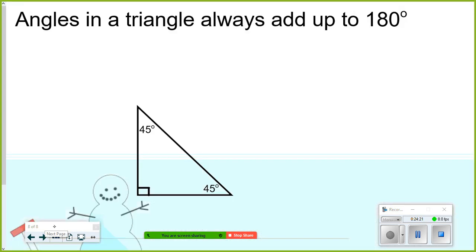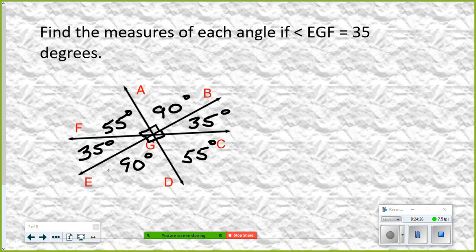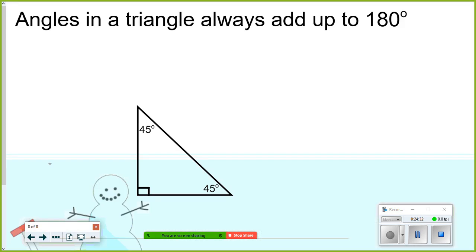All right, one other thing I meant to say here. If you added all these up, what do they add up to? 360. They add up to 360. The last piece here is that the angles in a triangle always add up to 180.